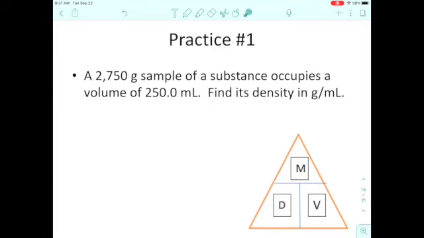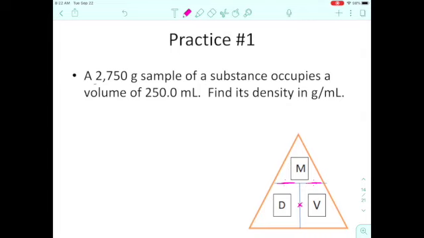So how the equation triangle works is you cross out whatever variable you need to find, and if the others are next to each other, then you multiply, and if one is on top, you would divide. The mass is always on top of the equation triangle because it's mass divided by volume. You don't have to do any algebraic rearranging of the equation to find any of the other variables.